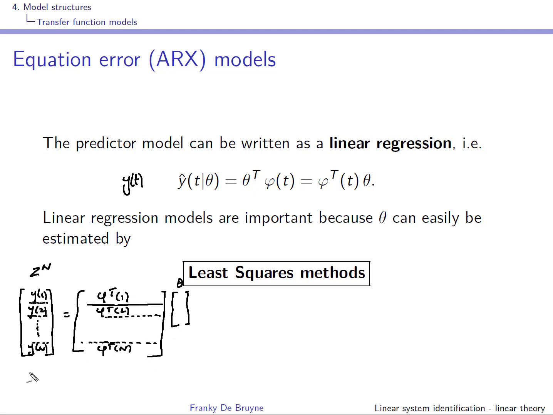To make things simple, I will write this system of equations as y equals Phi times theta, and Phi is a matrix in R to the N times d, where N is the number of data points that I have, and d is the number of parameters in theta. In this case, d is equal to na plus nb, right?